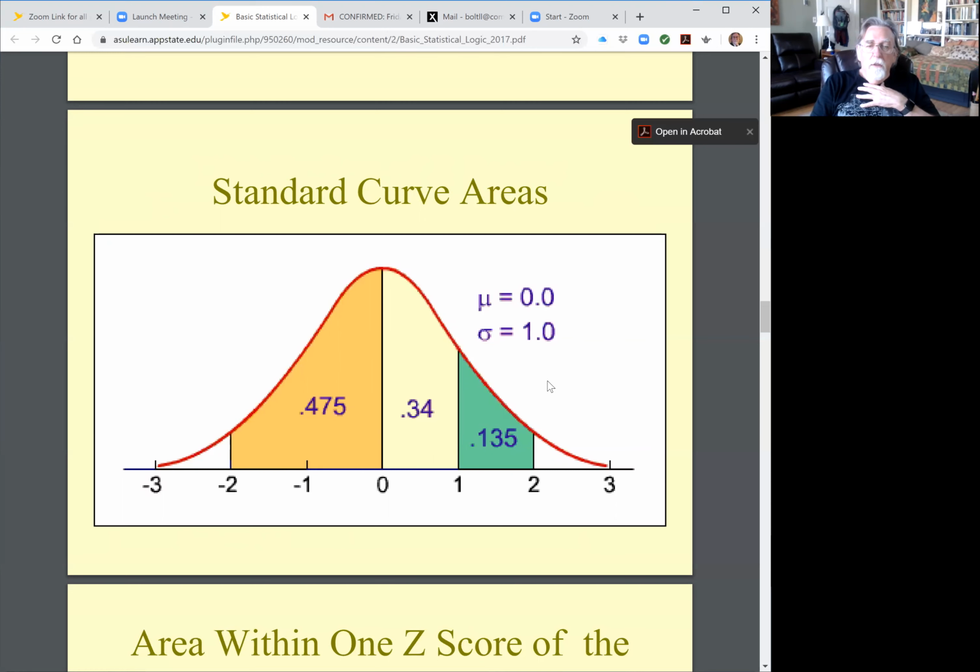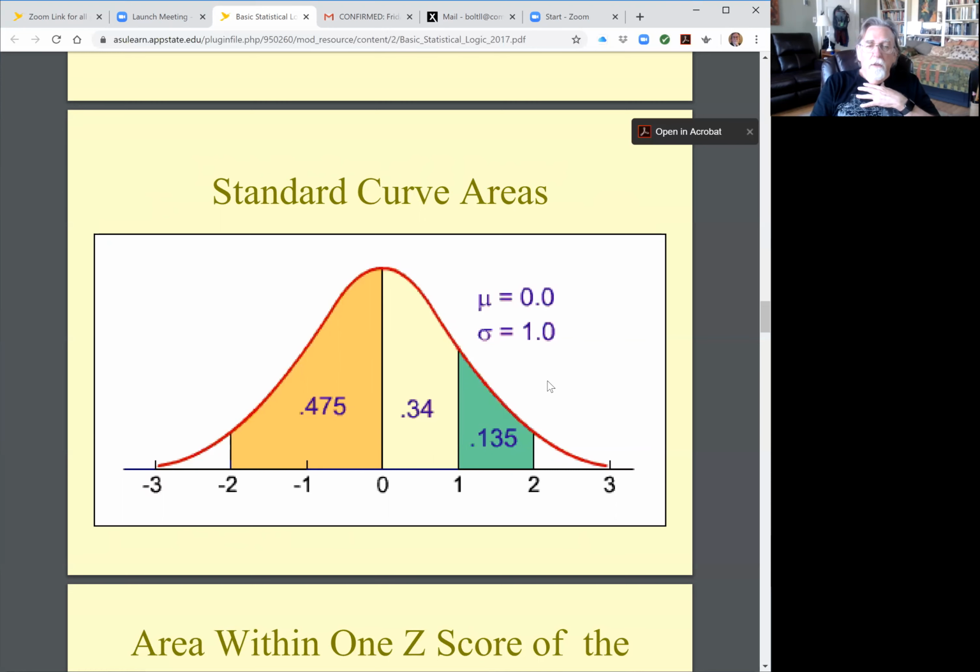And so the probability of a value lying within 2 standard deviations of the mean is about 95%. The probability of a value lying outside of that middle 4 standard deviation units, 2 positive, 2 negative, would be about 5%.